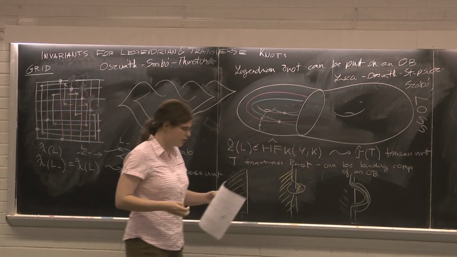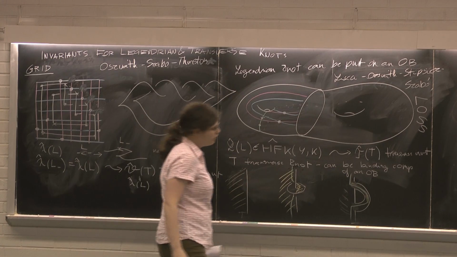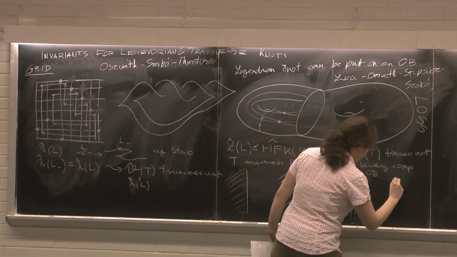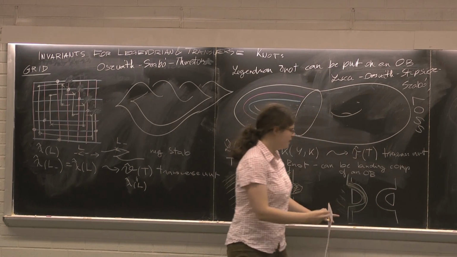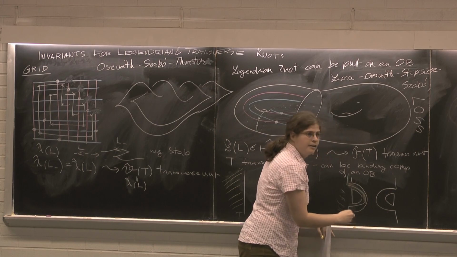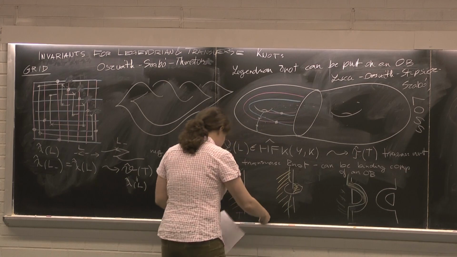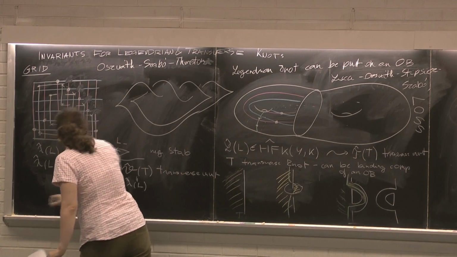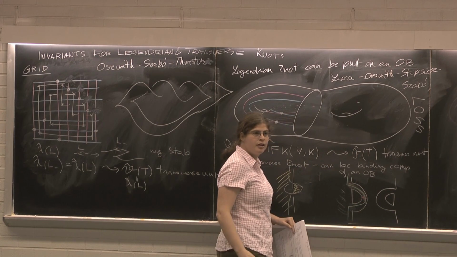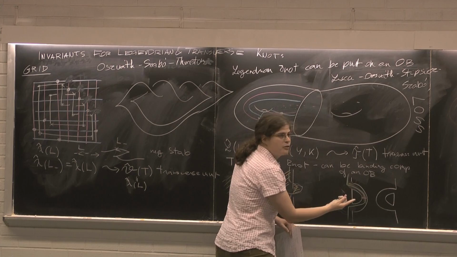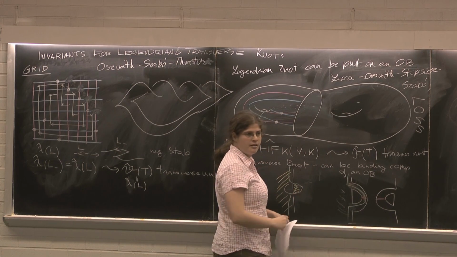And then if you remember how the definition of this invariant went, this is the other part of the page. I imagine that this part is glued to this part, and this small part is glued to that part. Then I used one curve, which intersected my knot once, and I used another curve here, which is just the image of it under the identity.